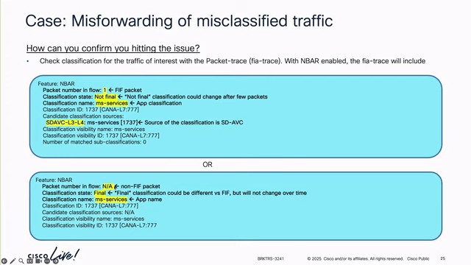That's the best case, when the initial classification and the final classification are the same. But in case you see a difference, that's the crucial part. The first packet is classified as application A, and the, let's say, third or fifth packet, or probably later packets of the same flow, are classified as application B. That's an indication of a problem.